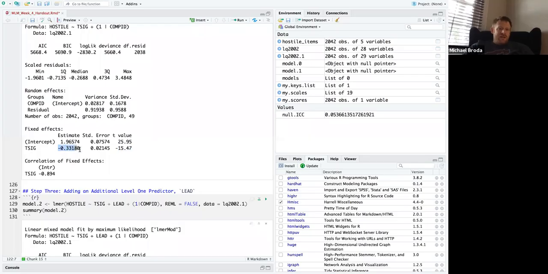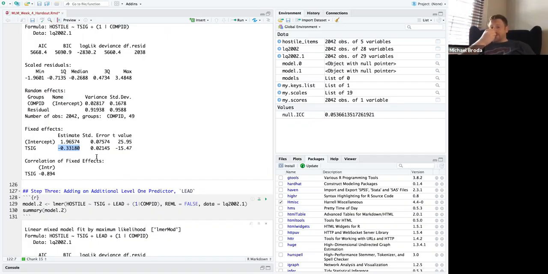Okay, so what does this mean? As an individual perceives their task as more significant by 1 unit, and this is basically a Likert scale, so moving 1 unit up on that scale, they are predicted to have a hostility score that is 0.3 points lower, again on a Likert scale.